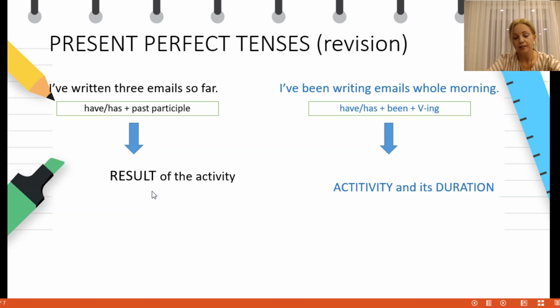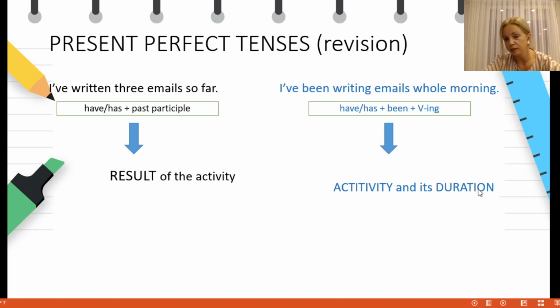So when the verb is svršen, we have the result, and if the verb is not finished, or maybe it is finished but we're not focused on the result, we just use the activity, the continuity, the duration. We want to emphasize the duration of the action.